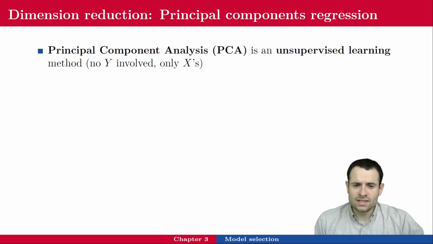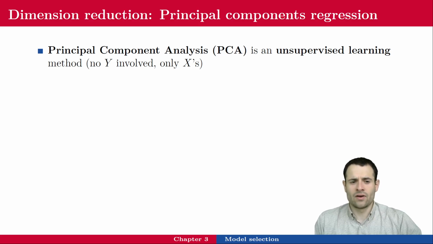Principal components analysis, or PCA, is what we call an unsupervised learning method. I already talked about supervised versus unsupervised learning. Unsupervised means that we are not looking at a variable y, but rather we are only looking at relationships between the x's.